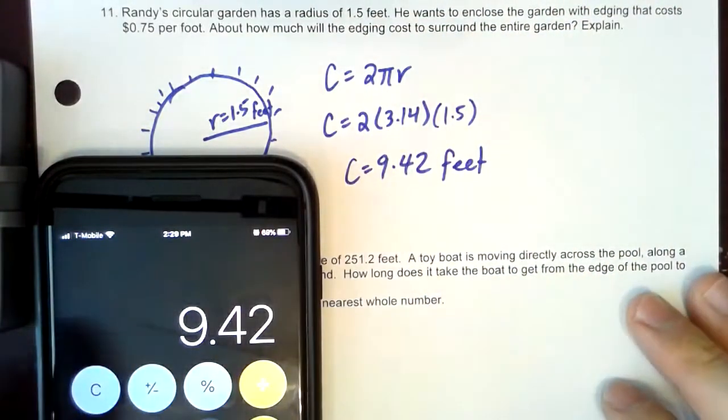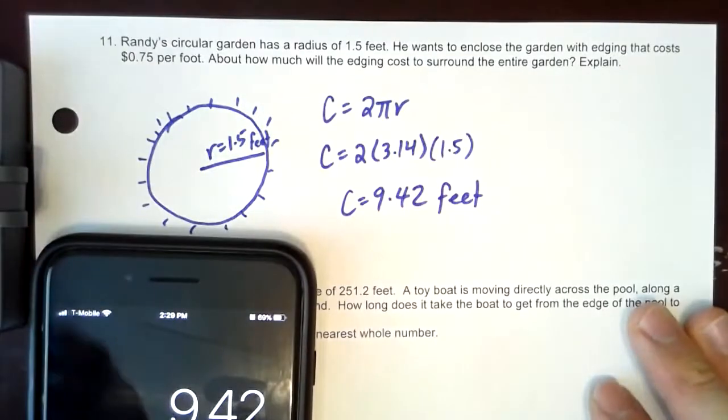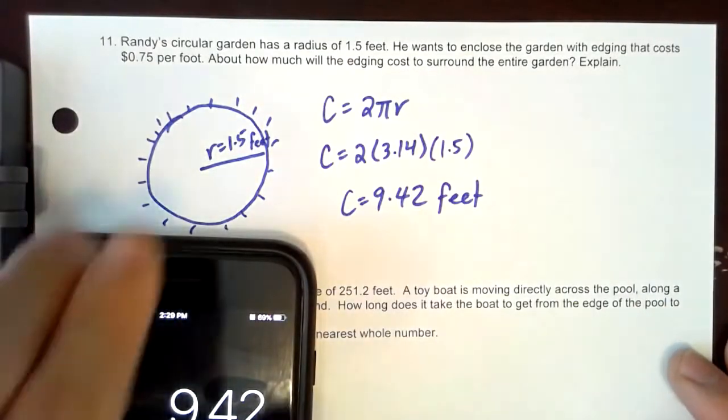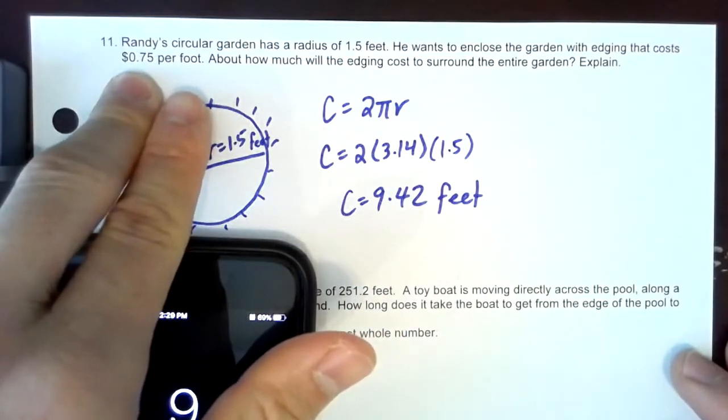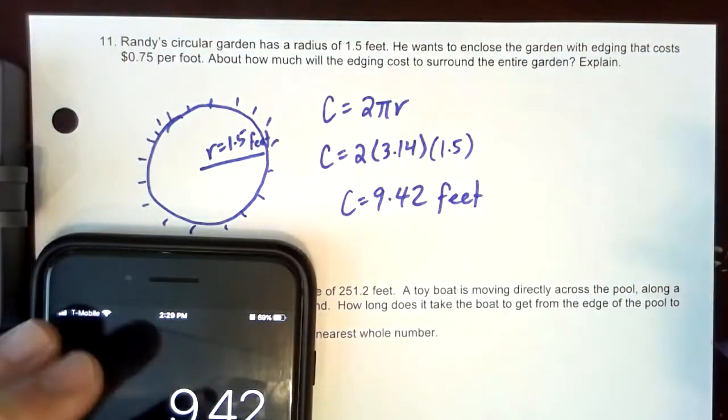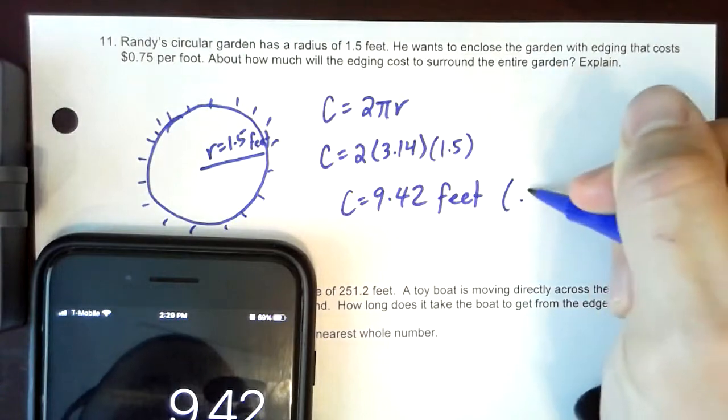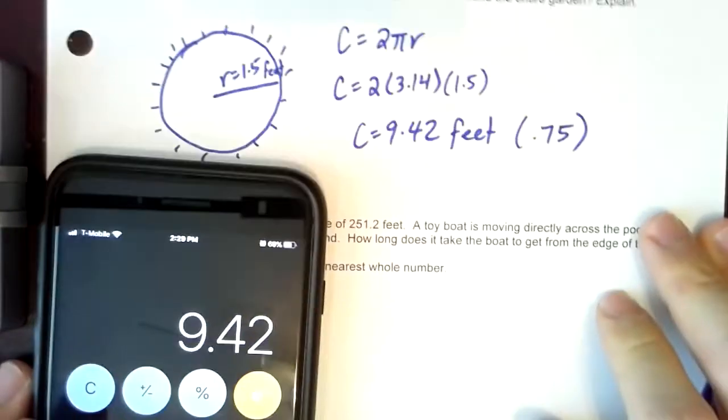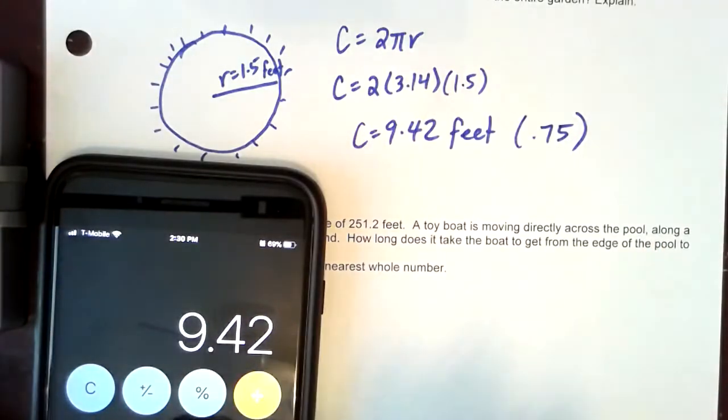However, that's not the final answer, because now Randy's going to go to Home Depot and they sell the edging for 75 cents per foot. So then really what you have to do is you then multiply this number by 75 cents, because that's the amount of feet you need.